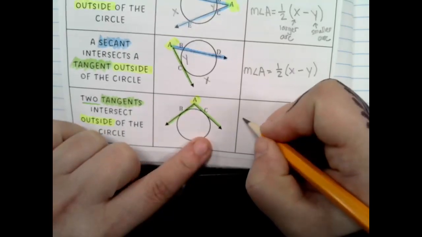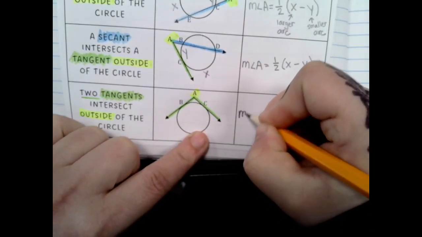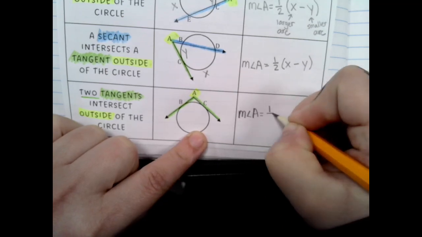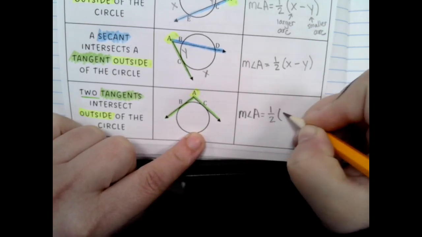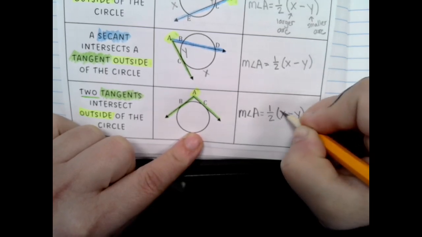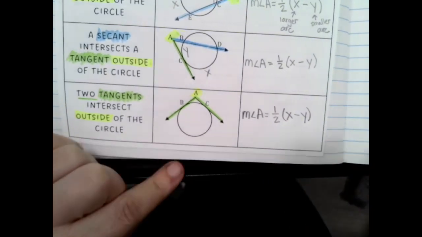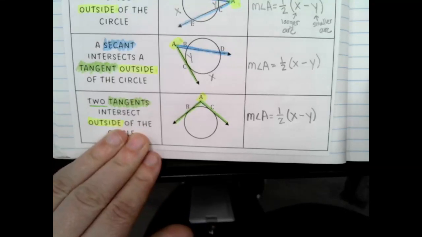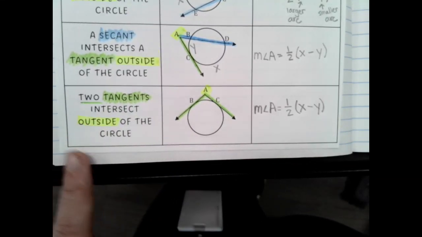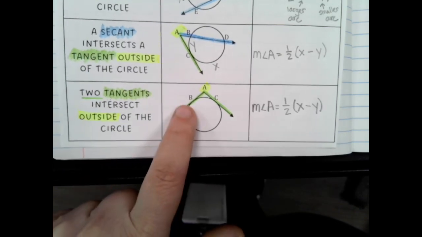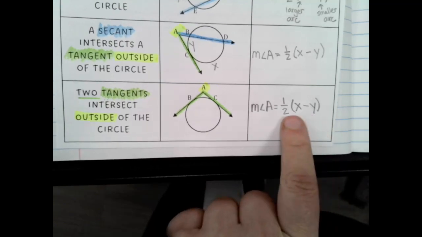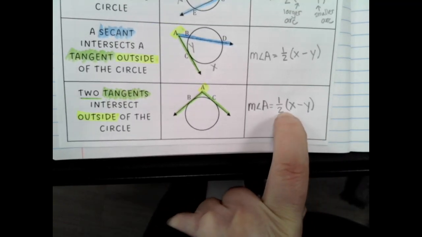So again, this one is the same concept. It'll be measure of angle A equals 1/2 of x minus y. So anytime we see a point on the outside, we're always going to do that x minus y. In this case, they're both starting at B and they're both ending at C. So is x going to be the major arc or the minor arc?